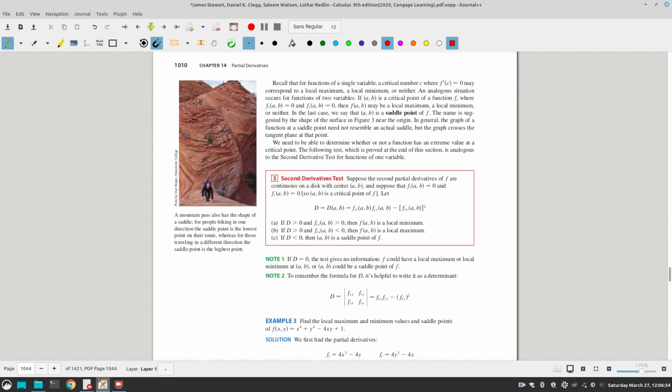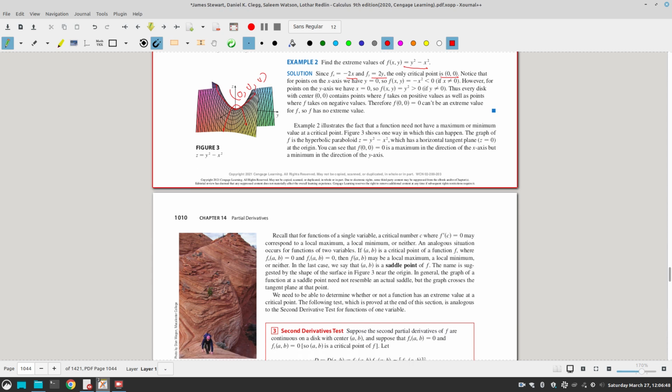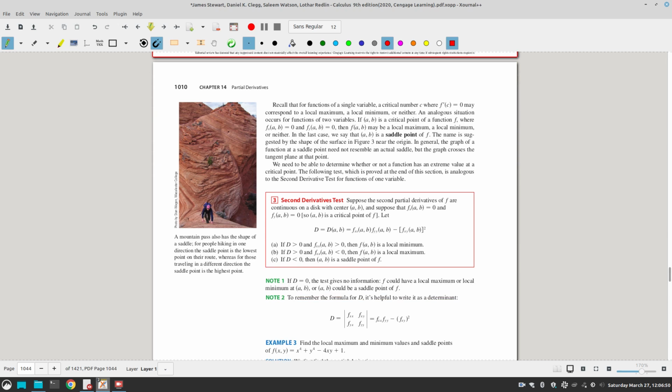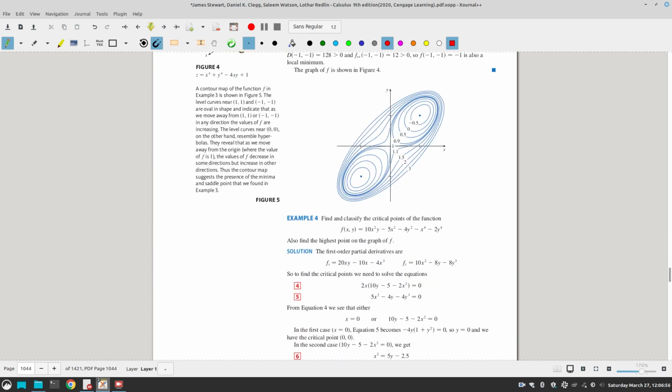Right? Now, how do we ensure that a point we're talking about is a saddle point? Well, just like you saw in single variable calculus, there is a second derivative test in multivariable calculus. Right?